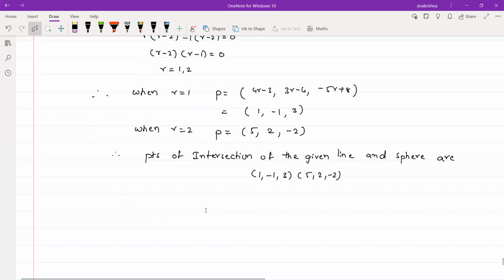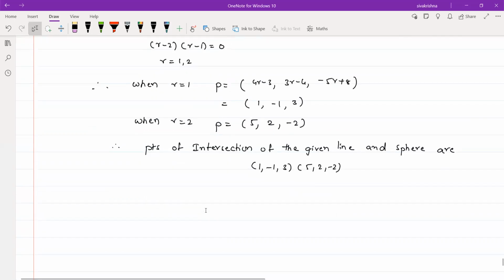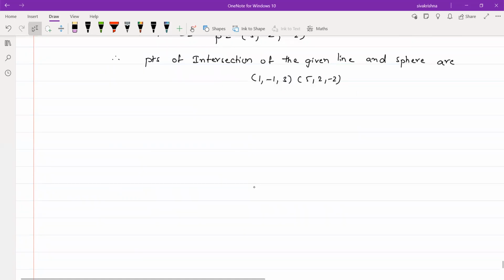I am giving you one more problem, so we have to do this particular problem. Same model.